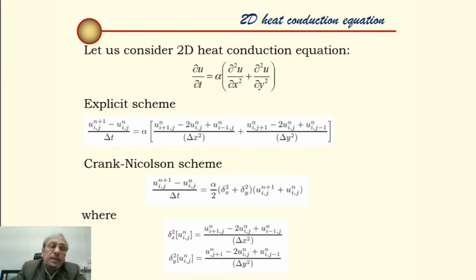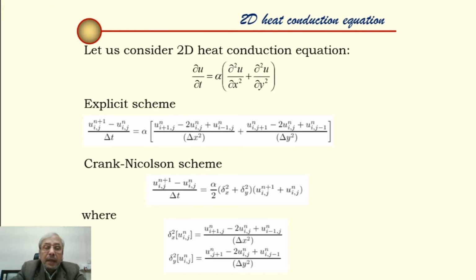U signifies temperature. If we write the explicit scheme, we can write uij at n plus 1 minus uij at n, divided by delta t, equal to alpha.